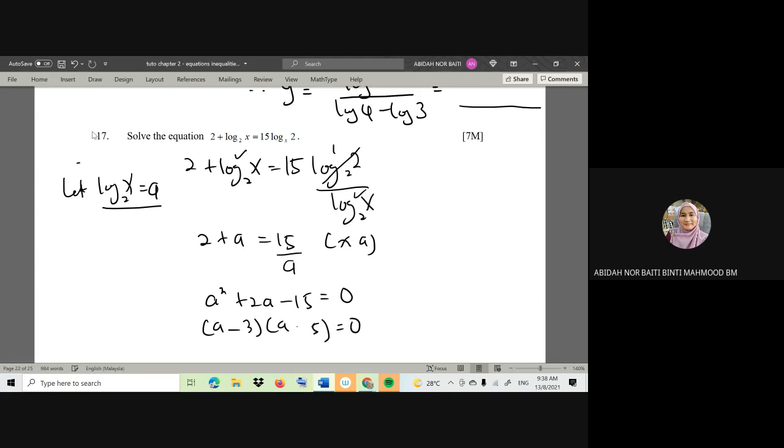So minus, plus. So substitute back. Log x base 2 equal to 3. Change to index form. The other one is the same: 32, right? 2 power 5 is 32.